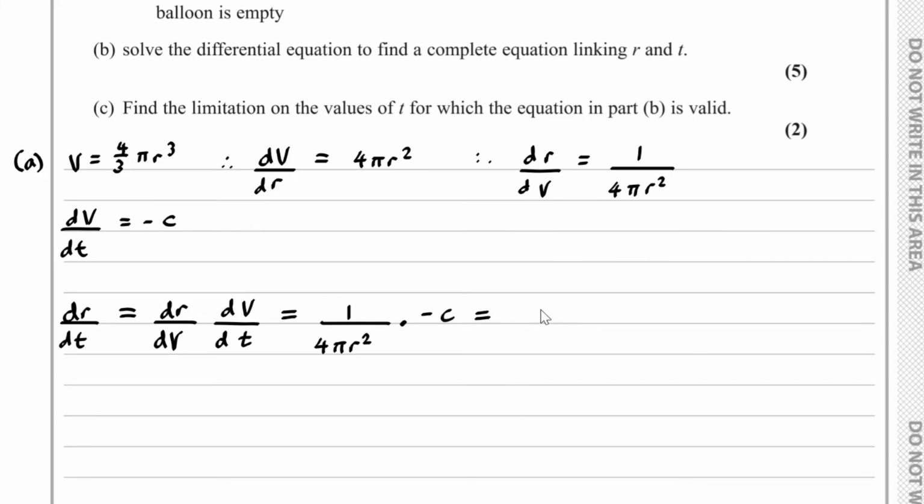So therefore, here we get minus c over 4 pi r squared, which is the same as minus k over r squared. The reason for that, this k over here, that's the same as c over 4 pi. We have a number divided by another number, which is simply a constant. And that's exactly what we wanted to show.